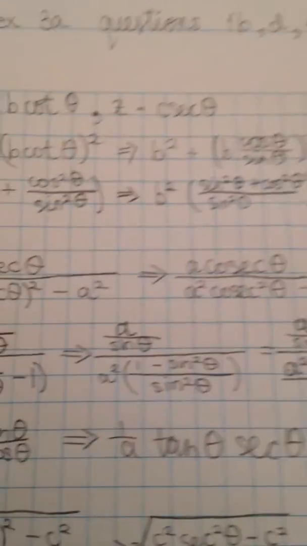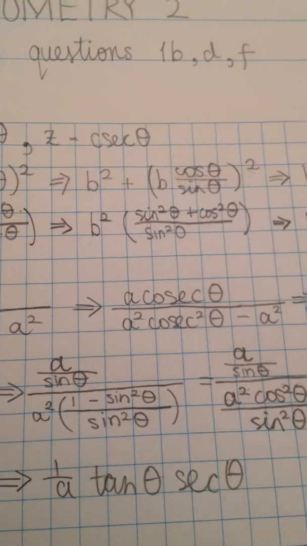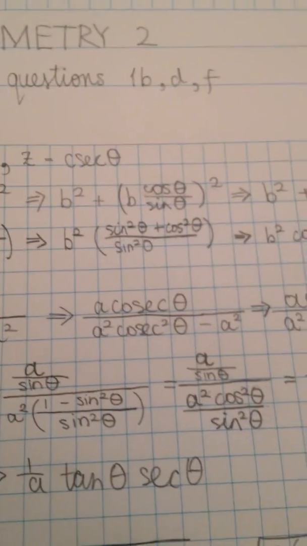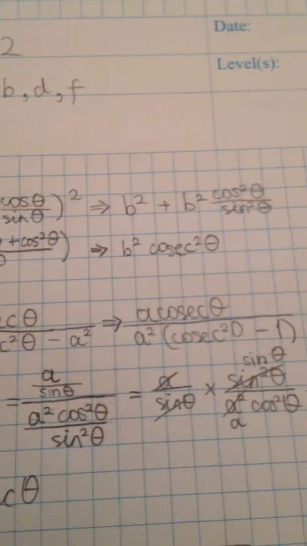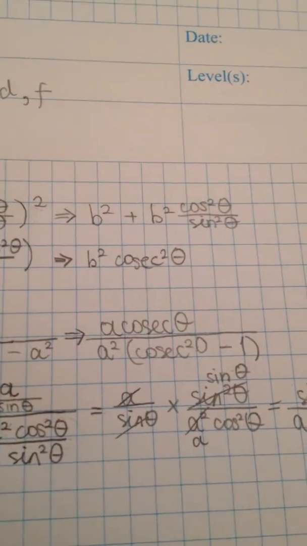And here then I opened the brackets from that, so we came out with a squared cosecant squared theta. And then I factorized the denominator and left the top the same, like this.